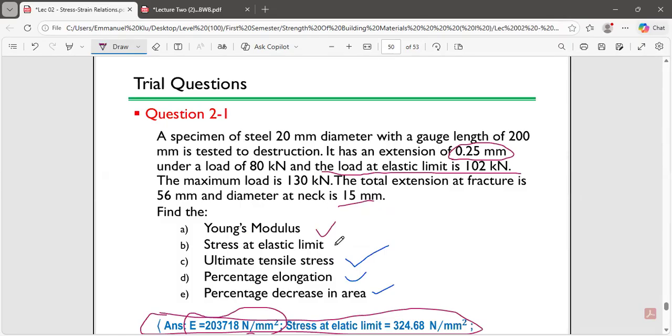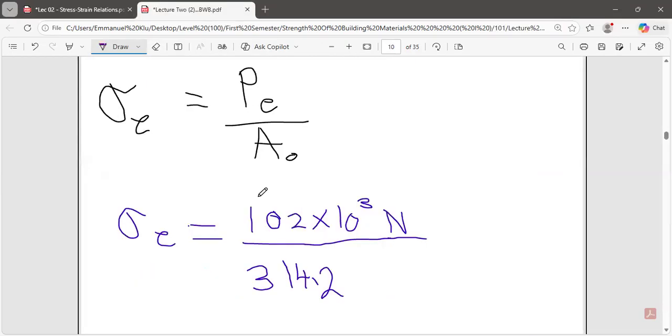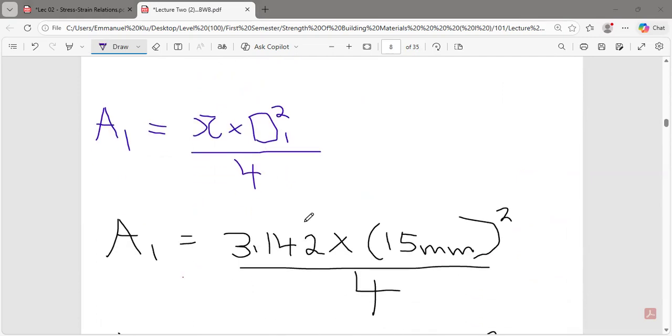I had 324.633. Depending on the values that were used for pi, the person's answer may be a bit different from ours.